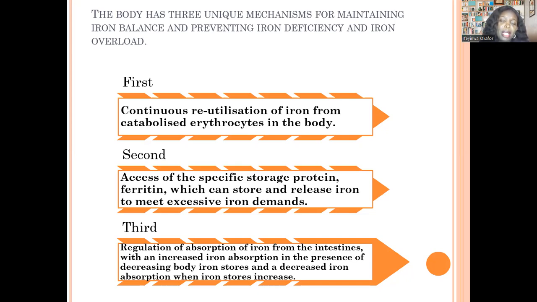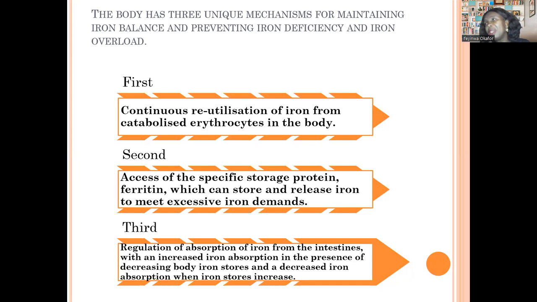Then the second system is the access to specific storage proteins like ferritin, which can store and release iron to meet excessive iron need. Our system has the ability to store iron. Remember, we said that there are two proteins involved in iron storage: ferritin and then hemosiderin.